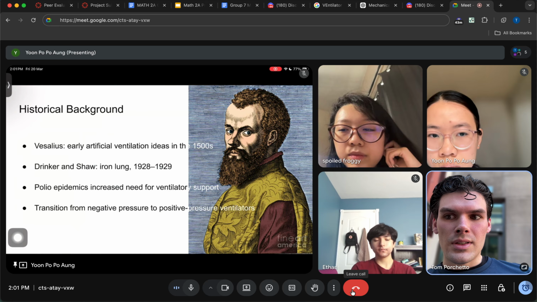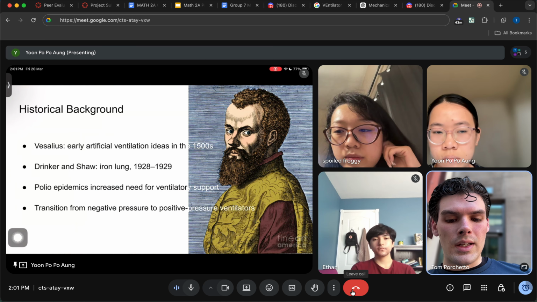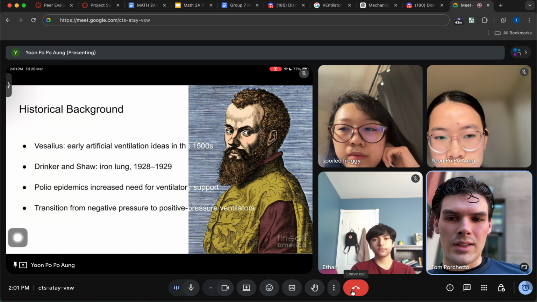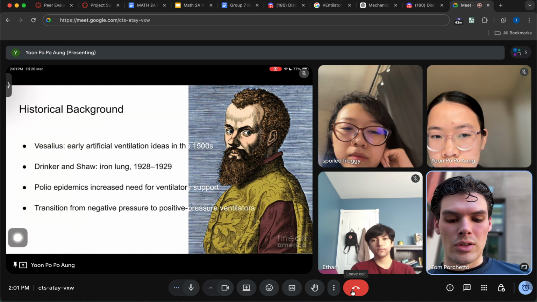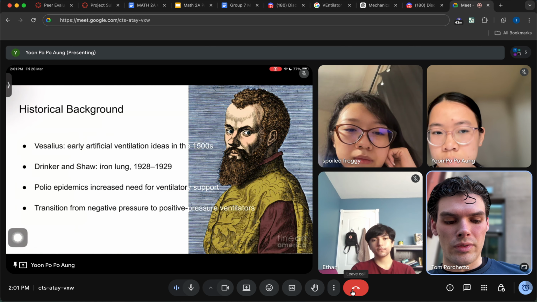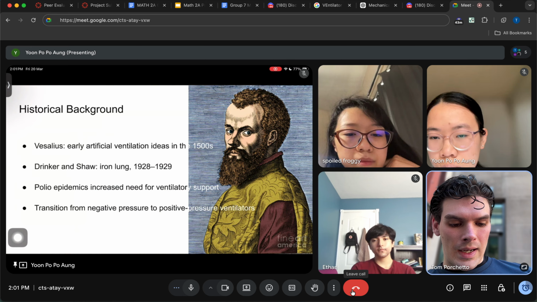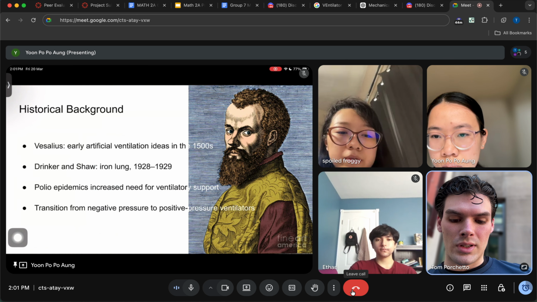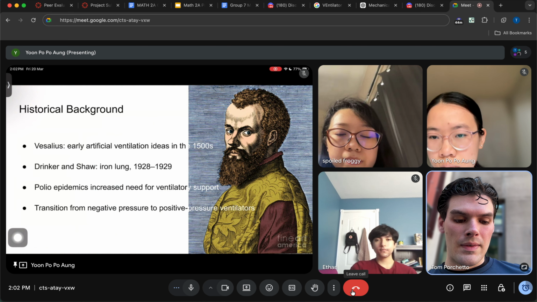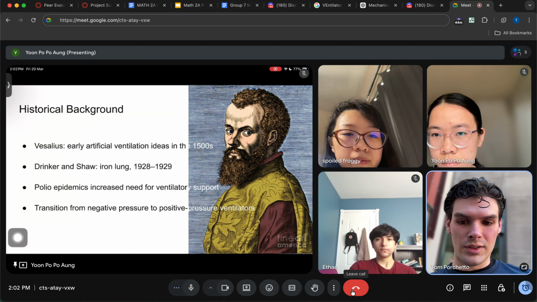These machines became especially important during the polio epidemics of the 1940s and 1950s, when patients lost the ability to breathe because of respiratory muscle paralysis. Later, medicine shifted from negative pressure systems to the positive pressure ventilators that are used nowadays. Next slide.